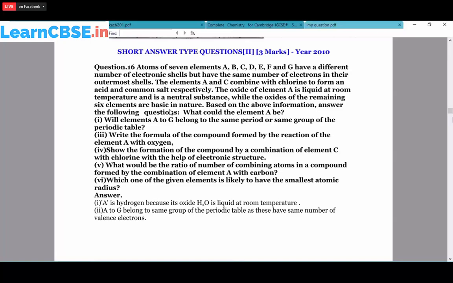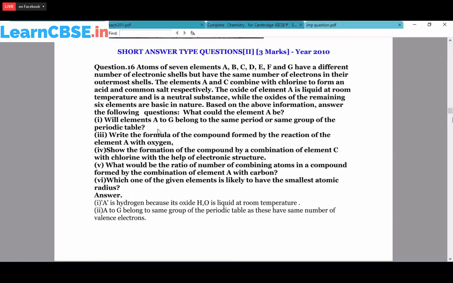So metals always form basic oxides and non-metals have acidic character, but this one is neutral. So the element A will be hydrogen, because when it combines with oxygen, we get a liquid. And one more thing, it forms an acid, HCl, hydrochloric acid. So based on this information, we have found out that A is nothing but hydrogen.